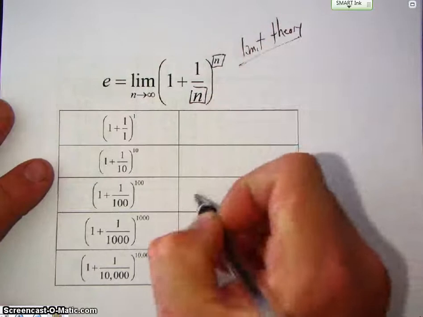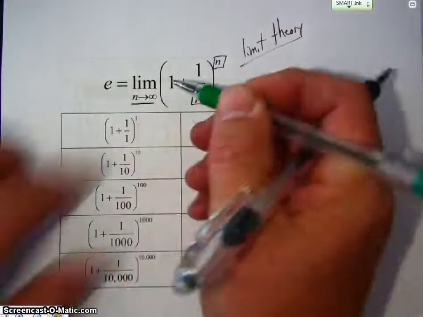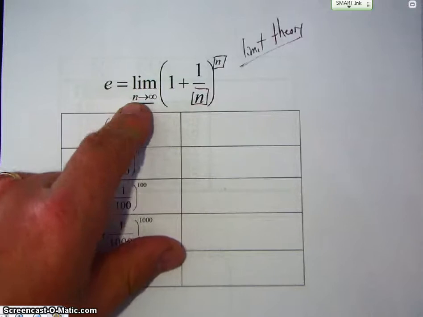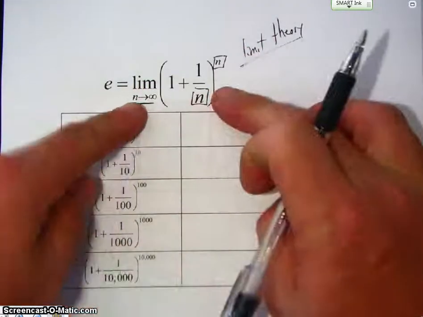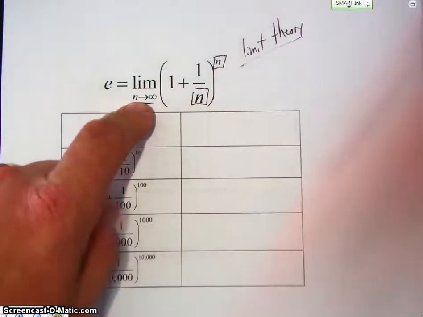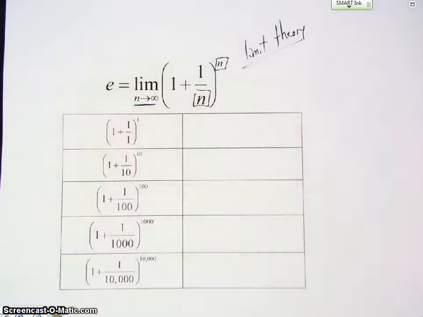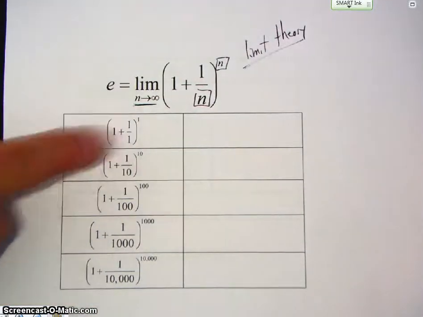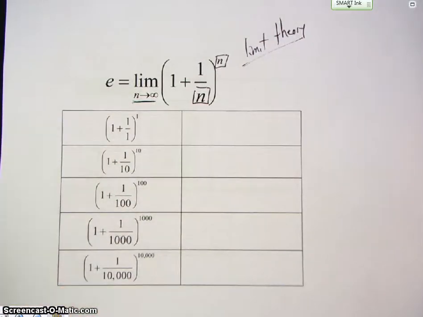This tells me what n does. I'm going to start with 0, and as I put 0 in, I simplify it. Then I plug in 1, then 2, then 3, then 4, then 5, then 6, and I keep going on forever. You notice we put in 1, then 10, 100, 1,000, and then 10,000, and you'll keep going on forever.